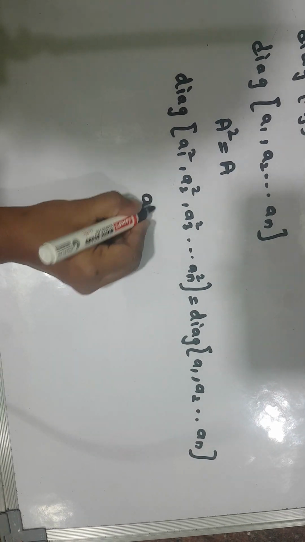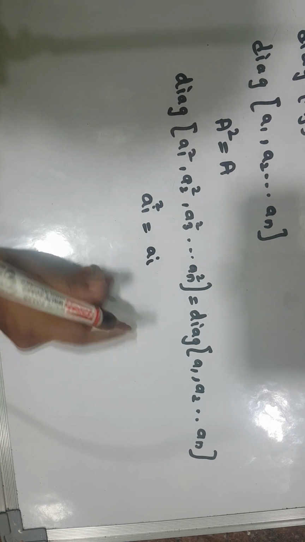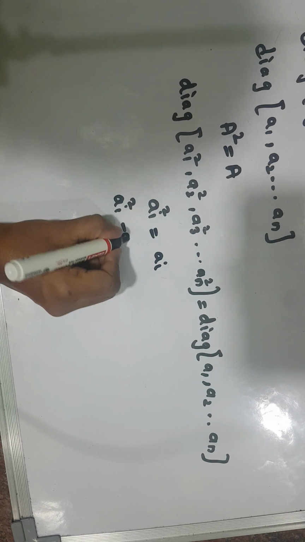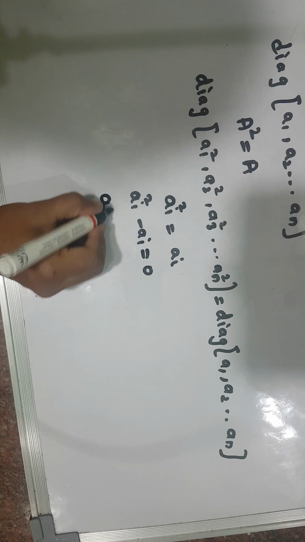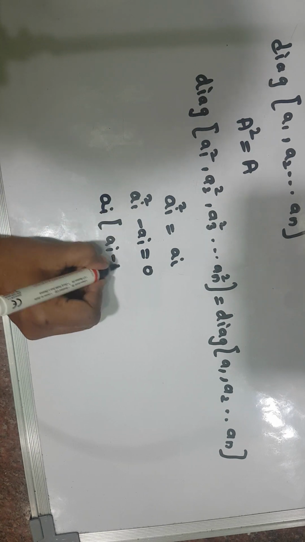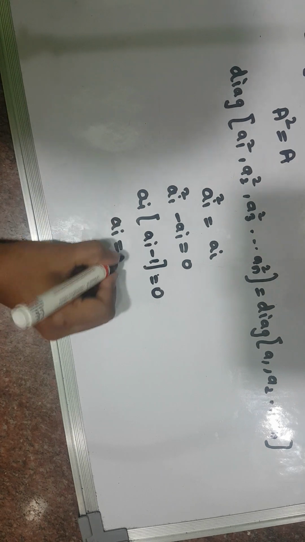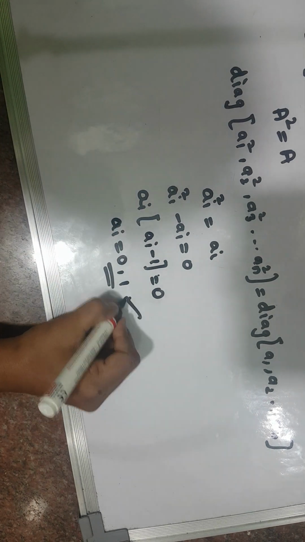Let ai square be equal to ai. We can write ai square minus ai equals 0. Taking ai common, ai times (ai minus 1) equals 0. So ai equals 0 or 1, which means you have two choices.